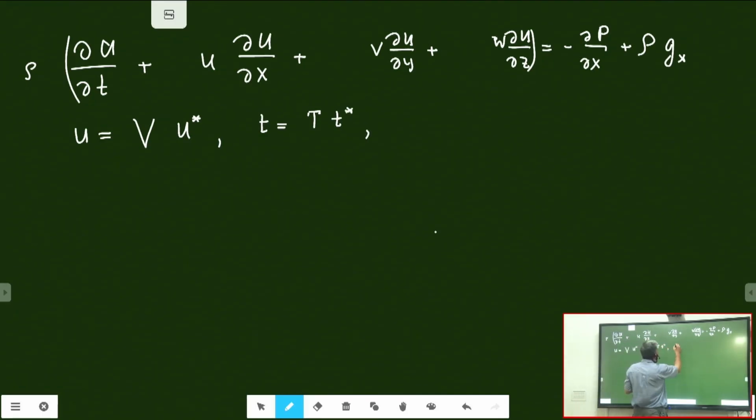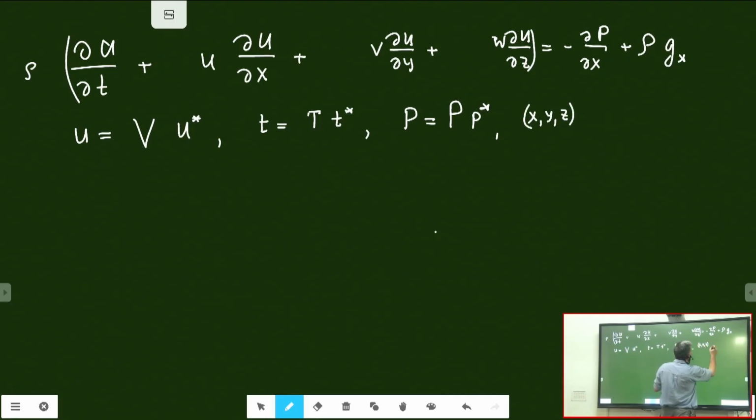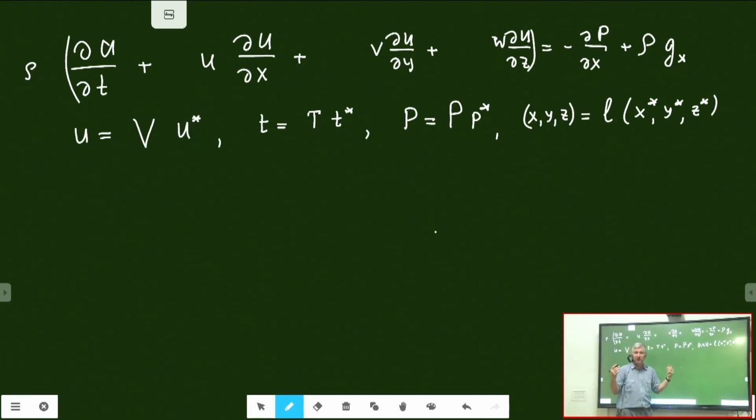We will have p, which will be the capital P scale multiplied by p star. And we also have x, y, and z, which are L multiplied by x star, y star, and z star. So you can see what these star quantities represent. They essentially are the original physical quantities divided by their respective scales.